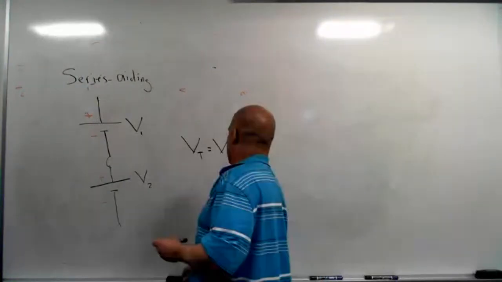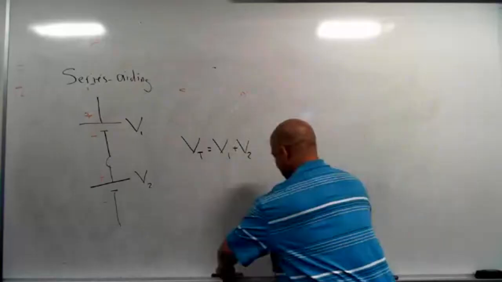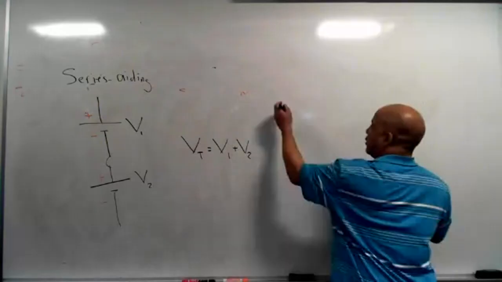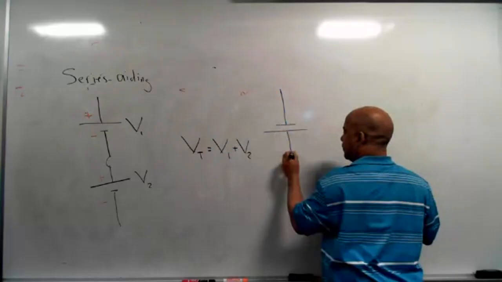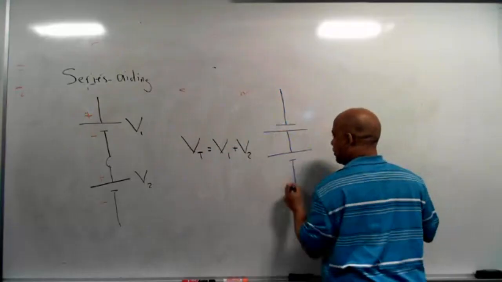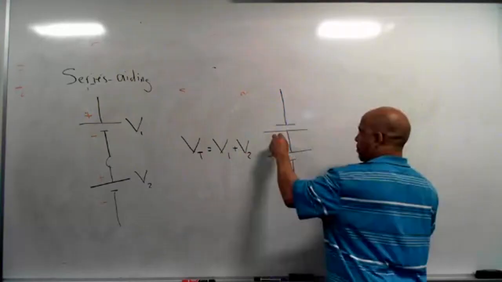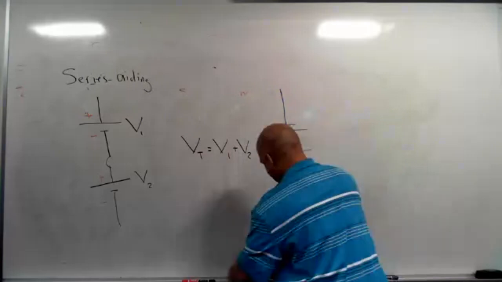I don't have to do it that way though. If I wanted to, I can actually do this. I can take them and turn them the same way like this. And now my polarity is I have a plus and a plus and a minus and a minus, or I can do it the other way.